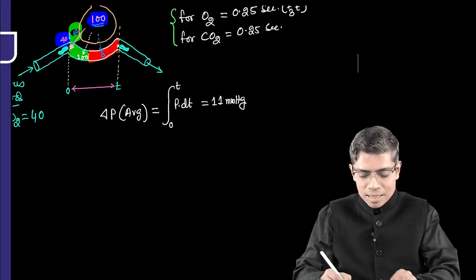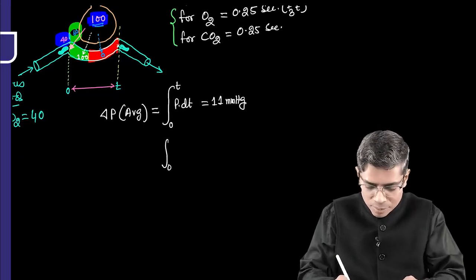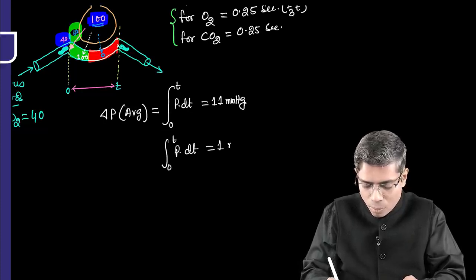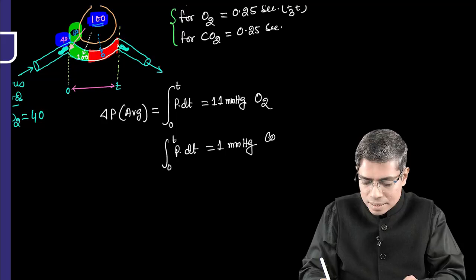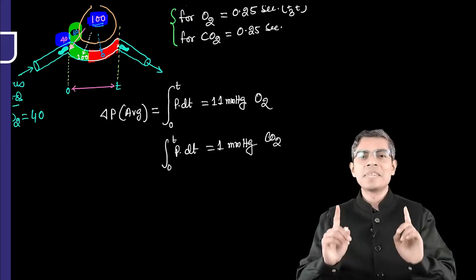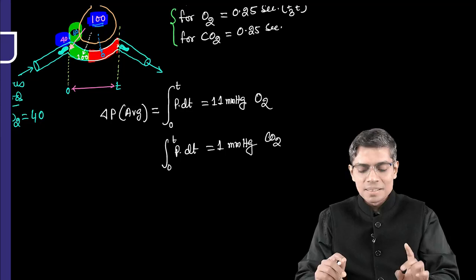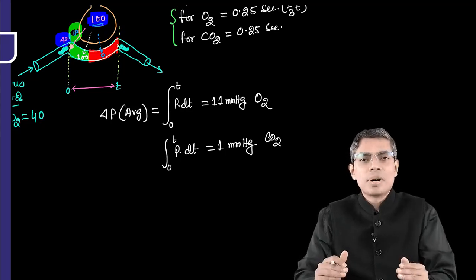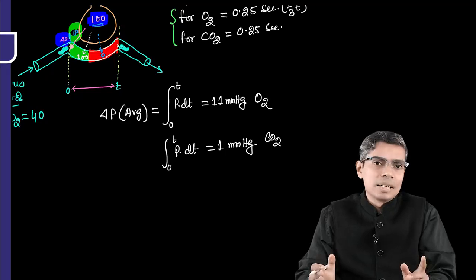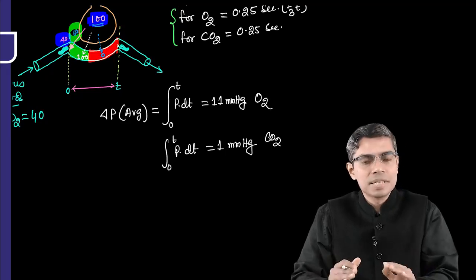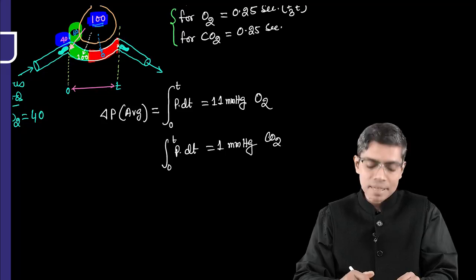Same way, if you calculate for carbon dioxide, the integral of P dt, then it is only 1 millimeter of mercury. So this is for oxygen and this is for carbon dioxide. That's why I told you earlier that the partial pressure difference for diffusion for oxygen is 11, and for carbon dioxide it is 1. That is the average partial pressure difference considering this phenomenon, right?